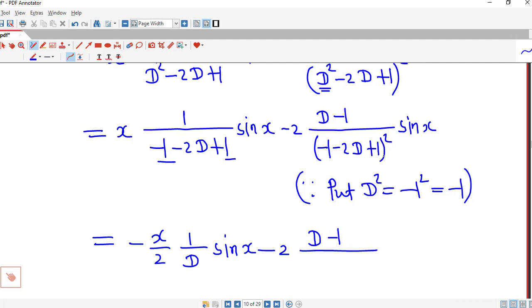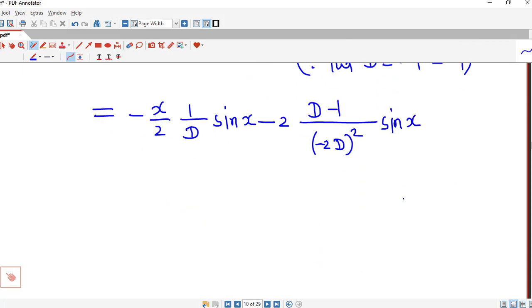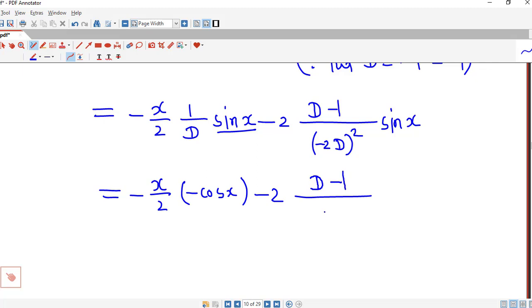Here we will have 1 minus 1 is 0, and the square of minus 2D, which is applied to sin function. Now, as we know, D means d by dx, so 1 over D is the integral of sin x with respect to x. The integral of sin x is minus cos x. Here minus 2 times D minus 1, and this becomes 4 times D squared sin x.